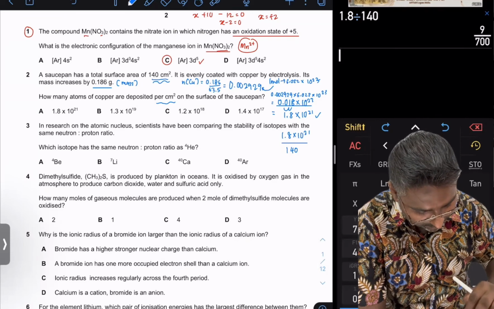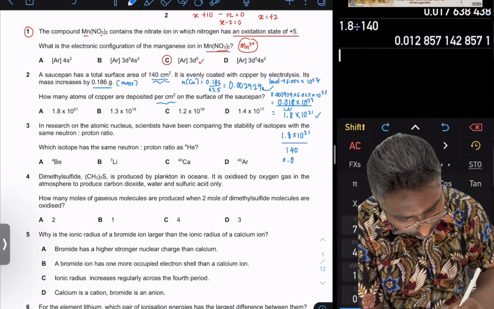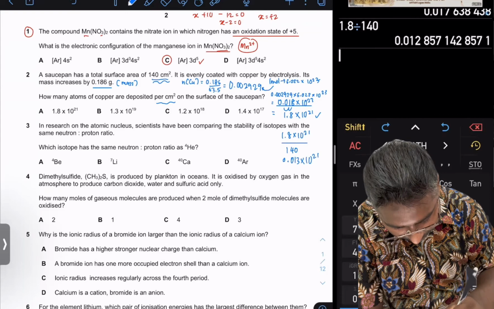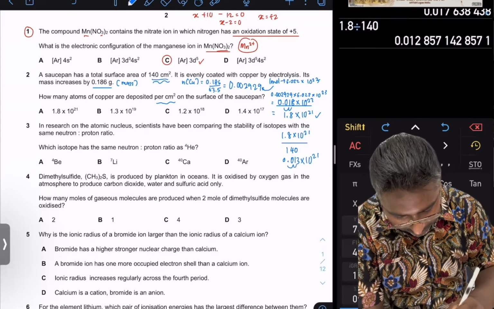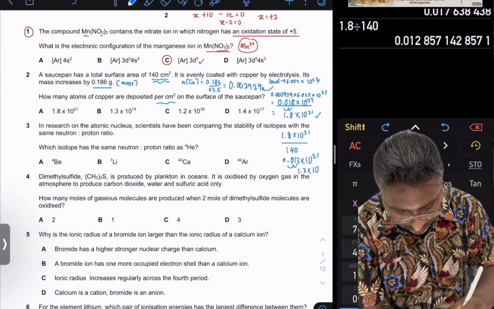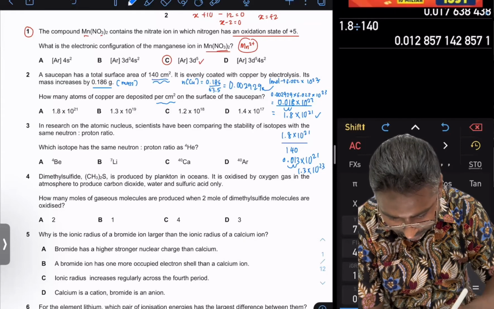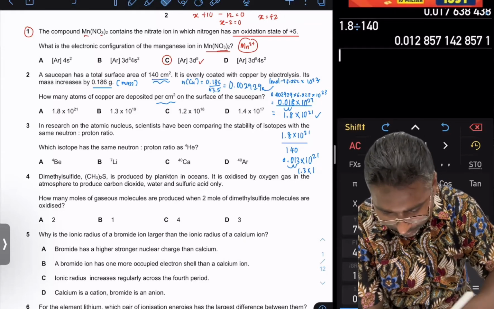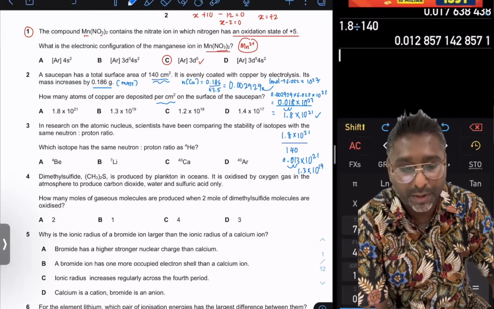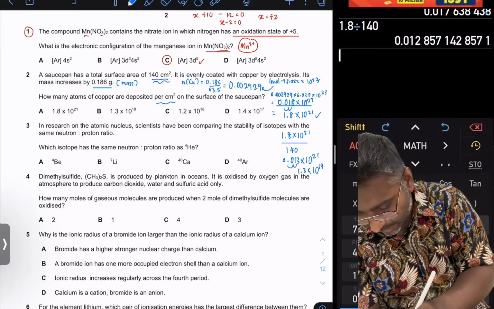I will get 0.013 times 10 to the power 21. If I bring this over here, I'll get 1.3 times, it's a smaller number, so I need to minus. It's going to be 10 to the power of 19, so 1.3 times 10 to the power of 19. I will get the answer as B.